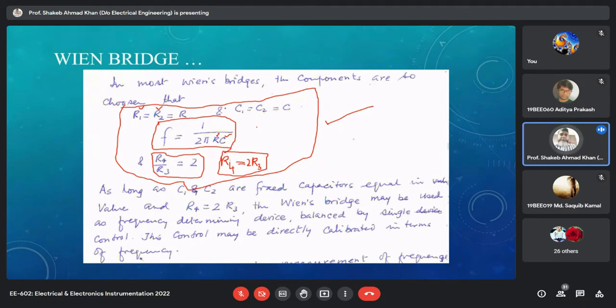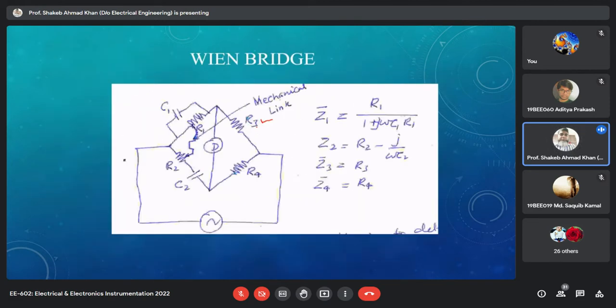We don't require two components to be variable, only one. Although we are varying R1 and R2, we consider it one control, because the same amount of change is required in R1 as well as R2, and that's why R1 and R2 are connected with a mechanical link. So by moving this, we can balance the bridge. No other variable term is required.